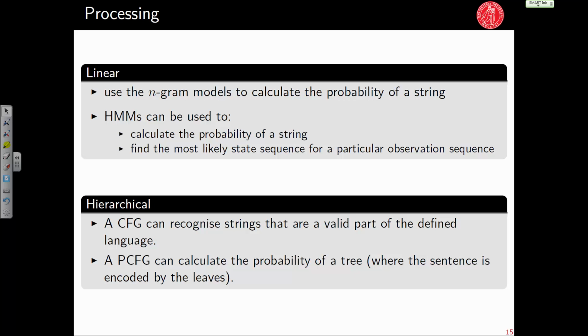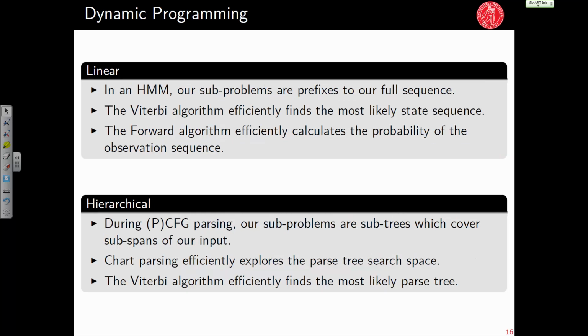And in PCFG we calculated the probability of a tree, and we also had to utilize a dynamic programming algorithm, again Viterbi, to find this most likely tree. We used dynamic programming a lot in the past 5 maybe lectures, and in the past 2 obligatory assignments also.